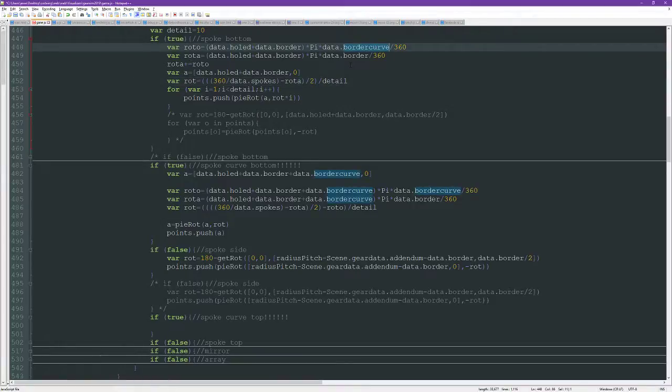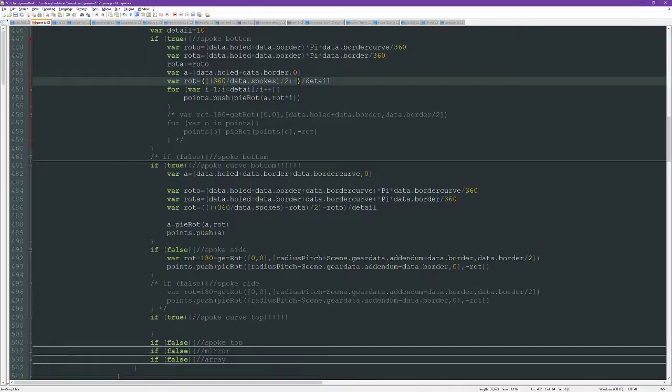Why are we doing the curve? Okay, so that one is also wrong. We have that divided by 2. That's what we're doing here. Whatever, so let's just divide by 2 here.